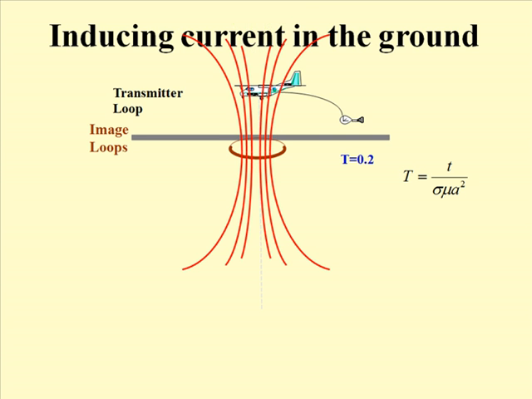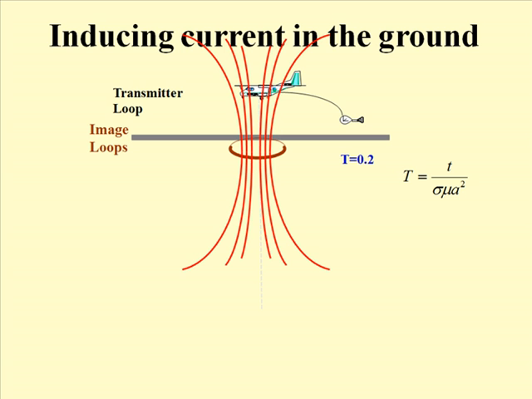So there's the magnetic field. It's depicted as red. Now this current that you see flowing here has a certain amount of energy associated with it, but the energy associated with that current is transferred to the rocks in the ground in the same way that energy in your electric stove element is changed into heat.